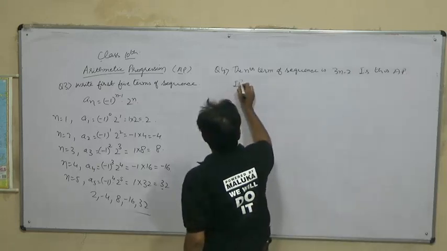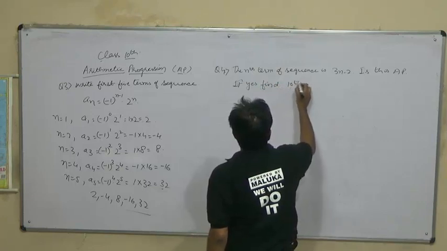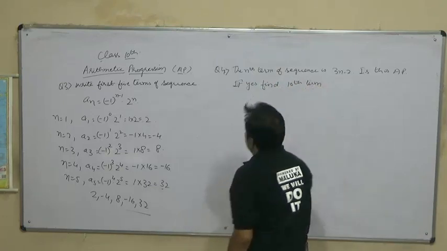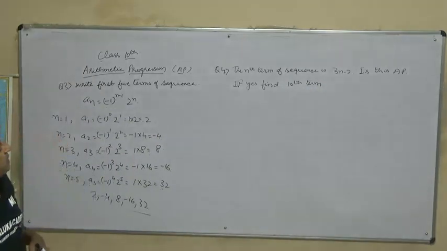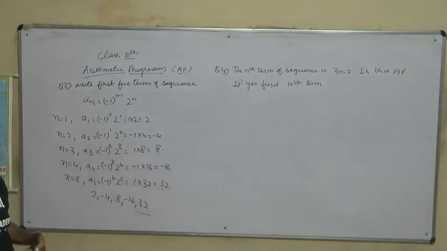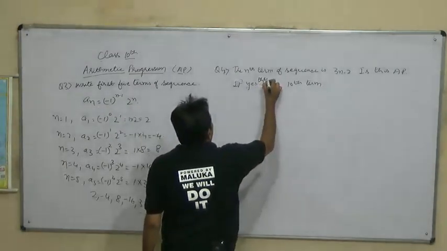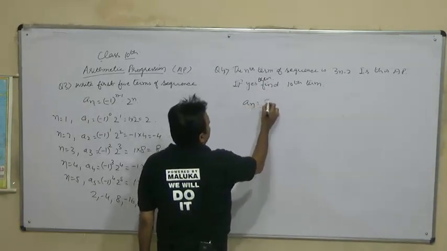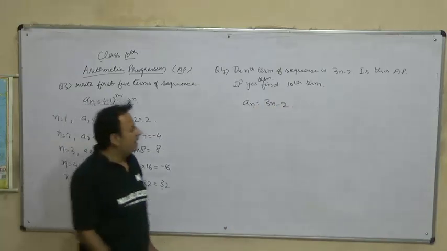If yes, find the 10th term. So what we have to find in this? We are given a sequence, or we can say we are given the nth term. We have to check whether it is an AP or not. If yes, then find the 10th term. An is given as 3n minus 2. So we can check that this is clearly an AP.